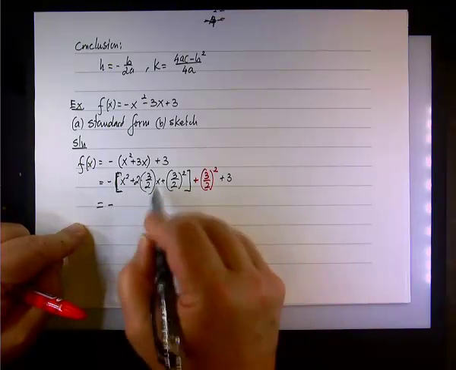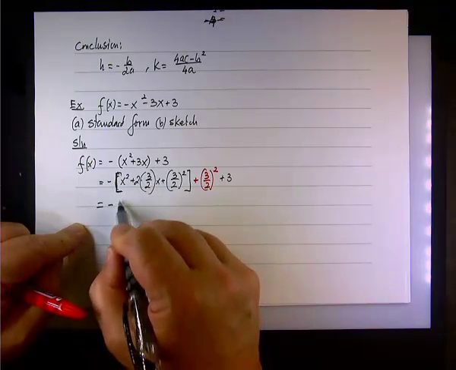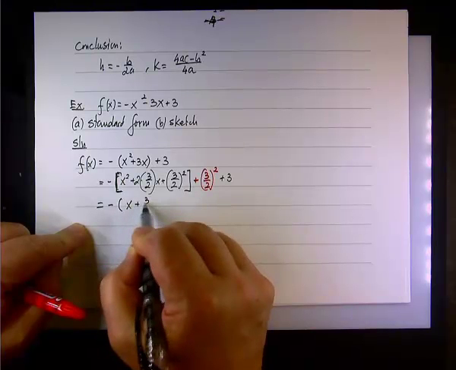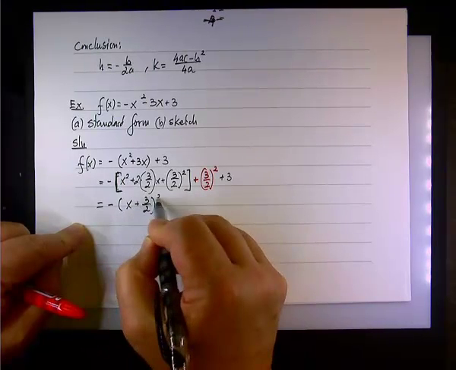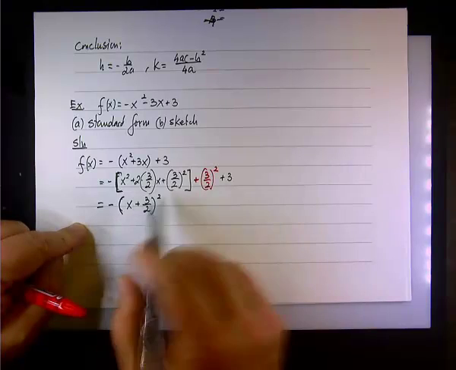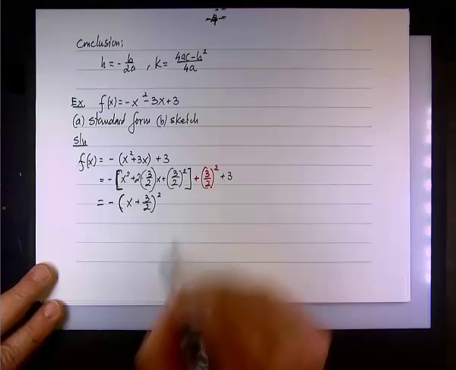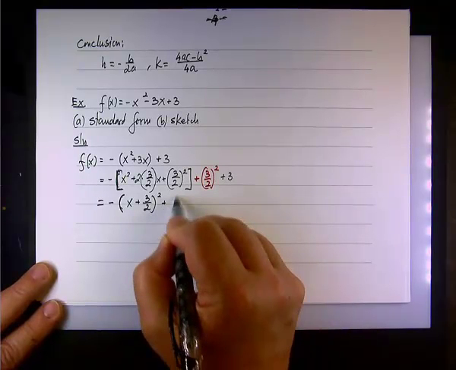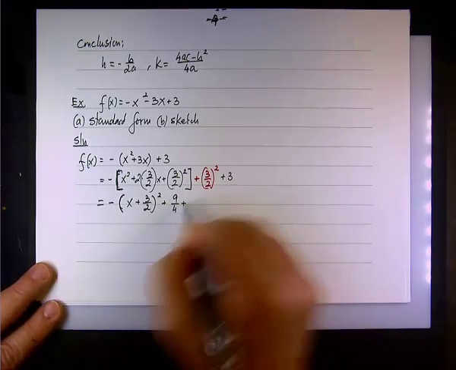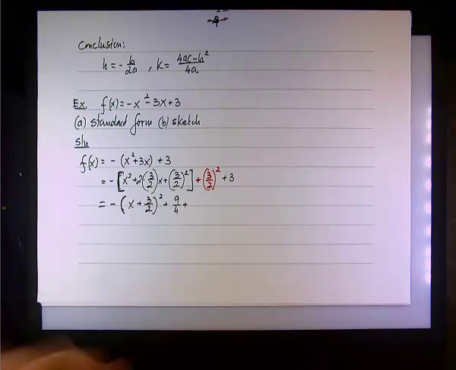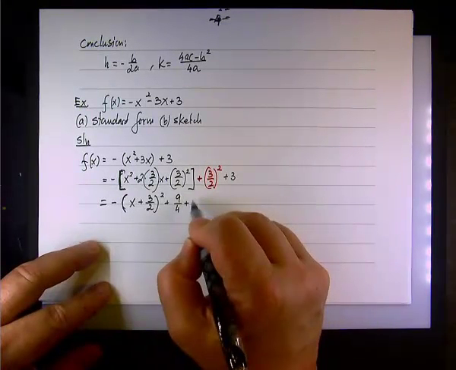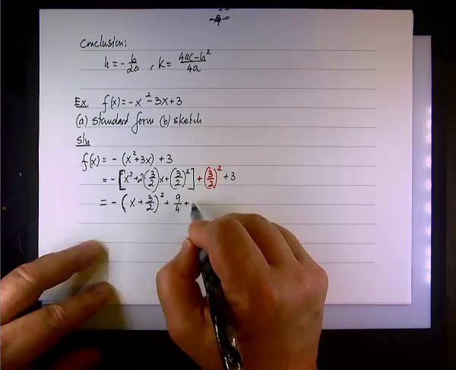And now we are looking at negative. The term is 3/2, so we have x plus 3/2. H is 3/2, I'm sorry. That's what I meant to say. So this is the completed square. And then what we have here is 9 over 4 plus 3, but 3 is 12 over 4, right?